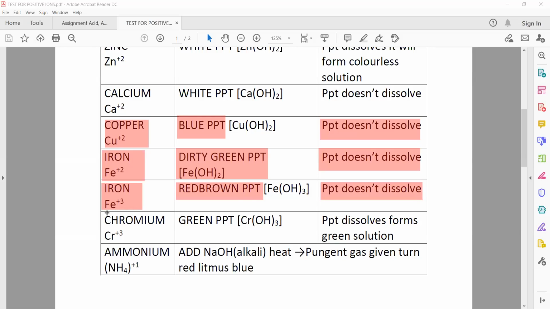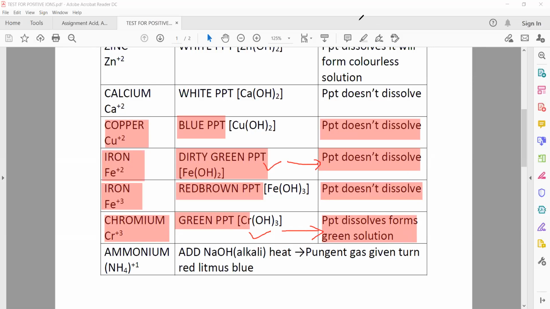If chromium is there, it will give a green precipitate, and the precipitate dissolves to form a green solution. So you can see iron 2 gives green, and chromium 3 gives green. But when you add an excess to iron 2, the precipitate does not dissolve. In chromium, the precipitate partially dissolves and makes a green solution.